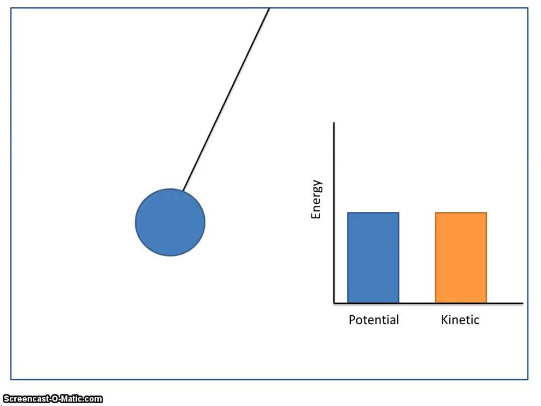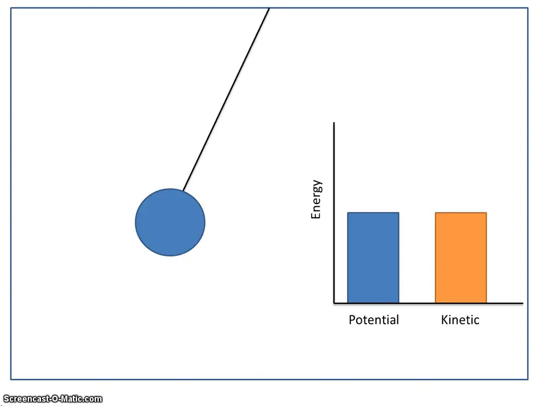But as we release it about halfway down, you can see that it's lost some of its potential energy, but it really didn't lose any of it. It's actually now been transformed into kinetic energy. And as you can see, because it's halfway through its motion, it has half as much potential energy as it did before, but it only has half as much kinetic energy as it possibly can have.